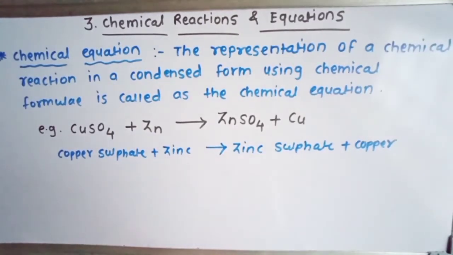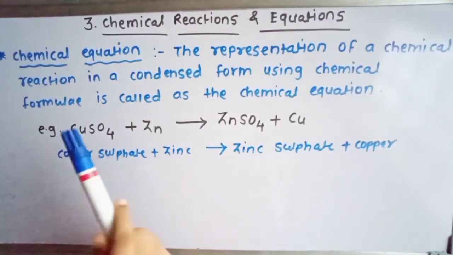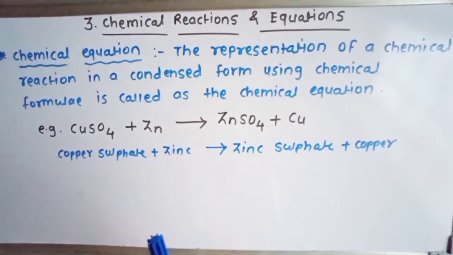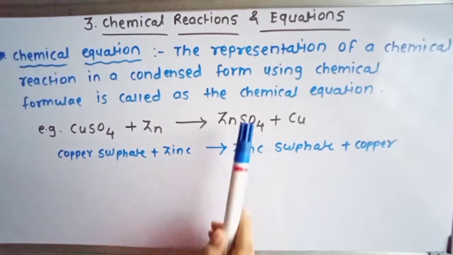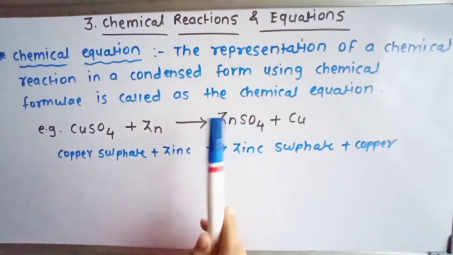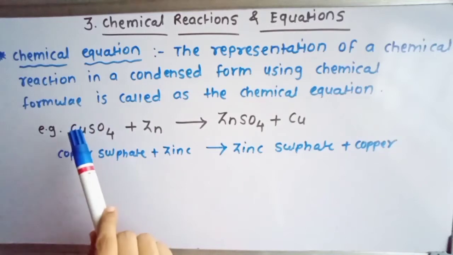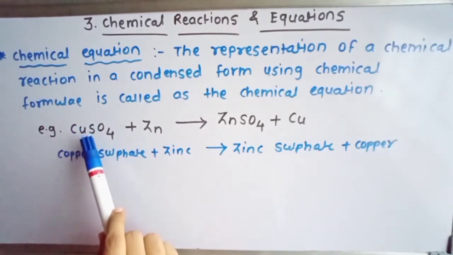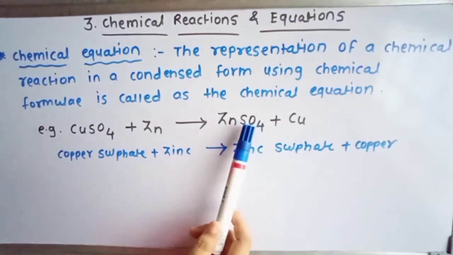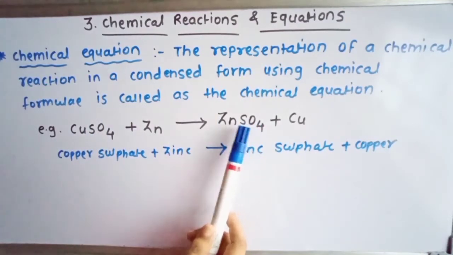So on page number 32 the description of this reaction is given. What they said: a colorless solution of zinc sulfate, ZnSO4, is formed on addition of zinc dust to the blue solution of copper sulfate. So the solution of copper sulfate is blue and a colorless solution of zinc sulfate is formed.